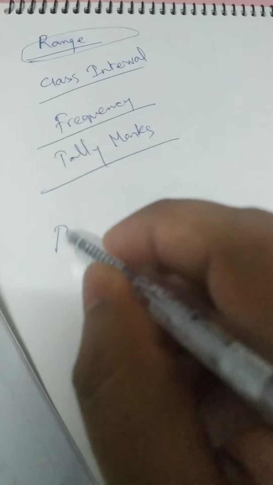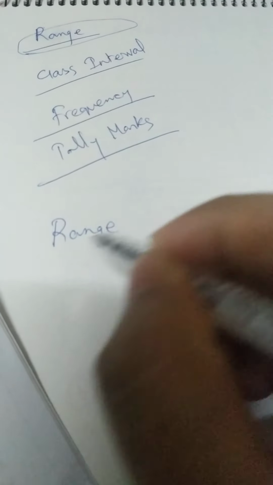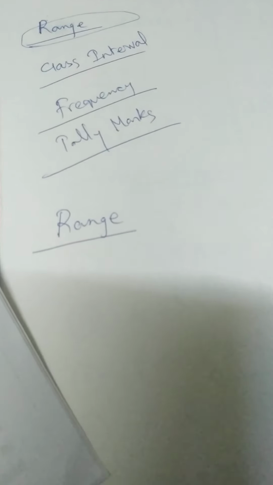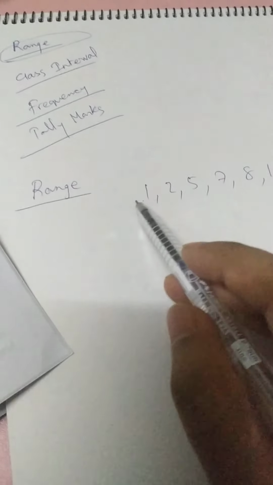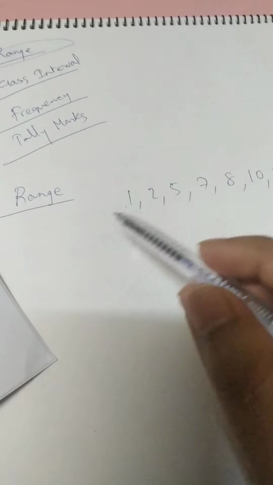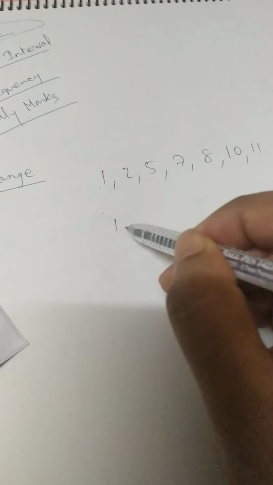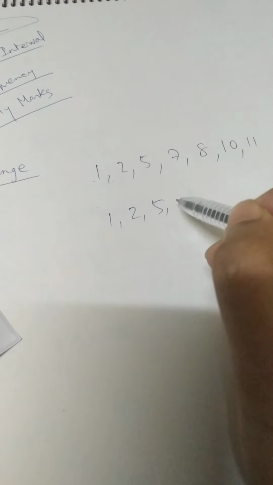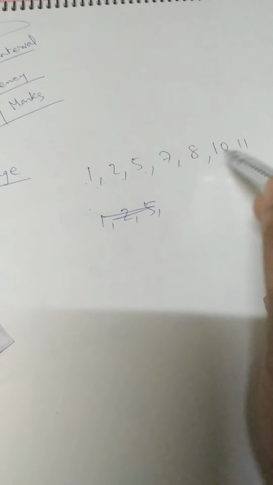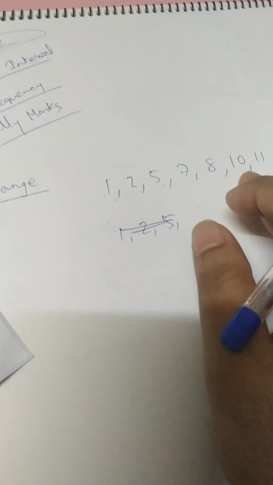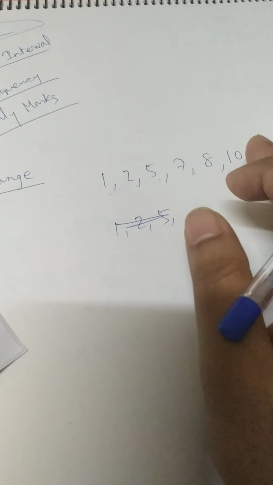So what is range? How do we find range? Suppose I have different data: 1, 2, 5, 7, 8, 10, 11. First of all we need to organize it, and it's actually already organized, in ascending order. So how do we find the range?